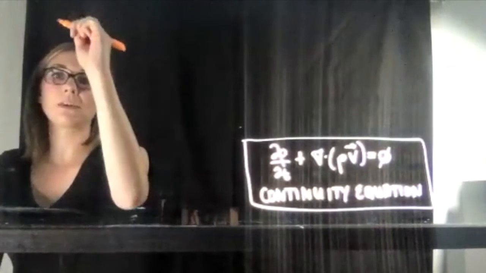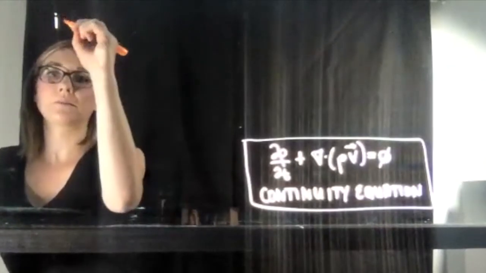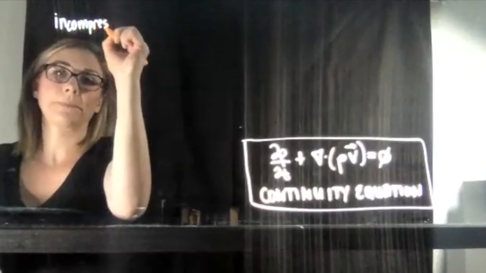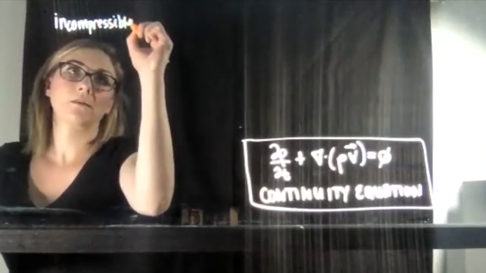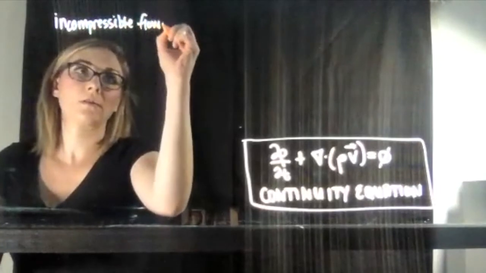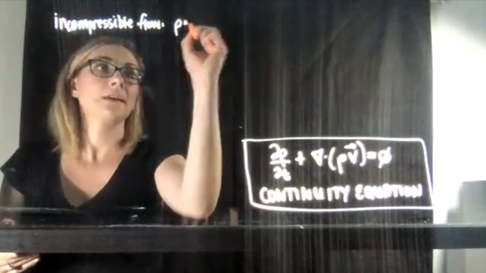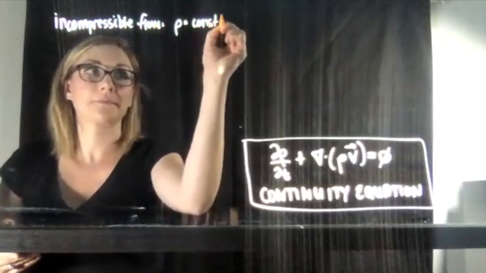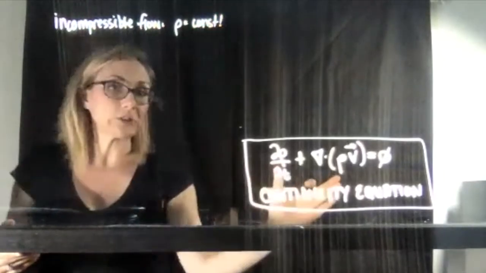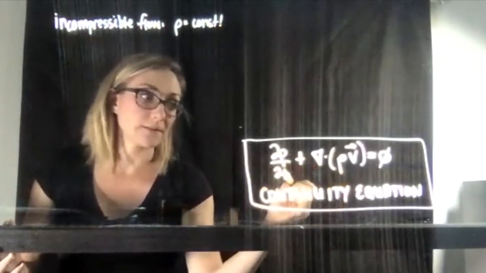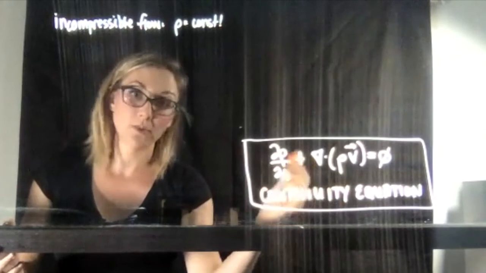Okay, so if we have an incompressible flow, we've talked about this before, right? This means that our density is a constant. If we take a look at this equation, then we know that, of course, our density is not changing with time, so this goes away.